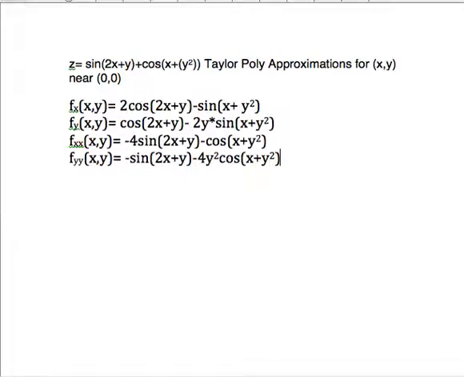So now that we have the 4 ones that we need, oh, I'm sorry, my apologies. We still need f of x, y. Okay, so we're taking the partial derivative of y of f of x.